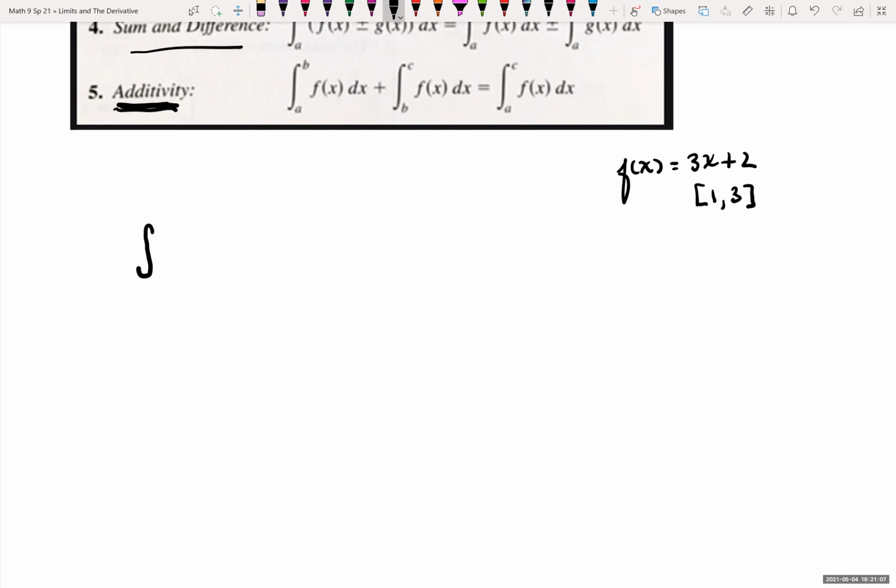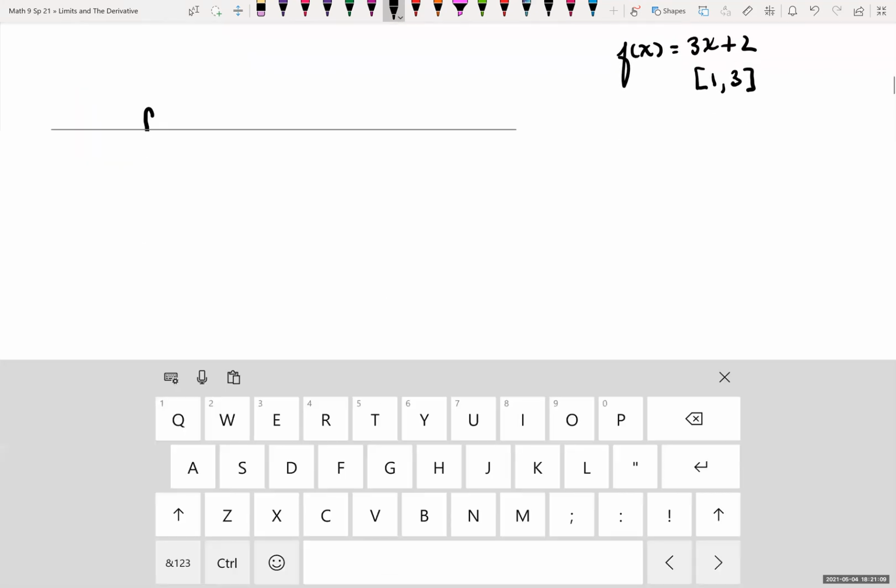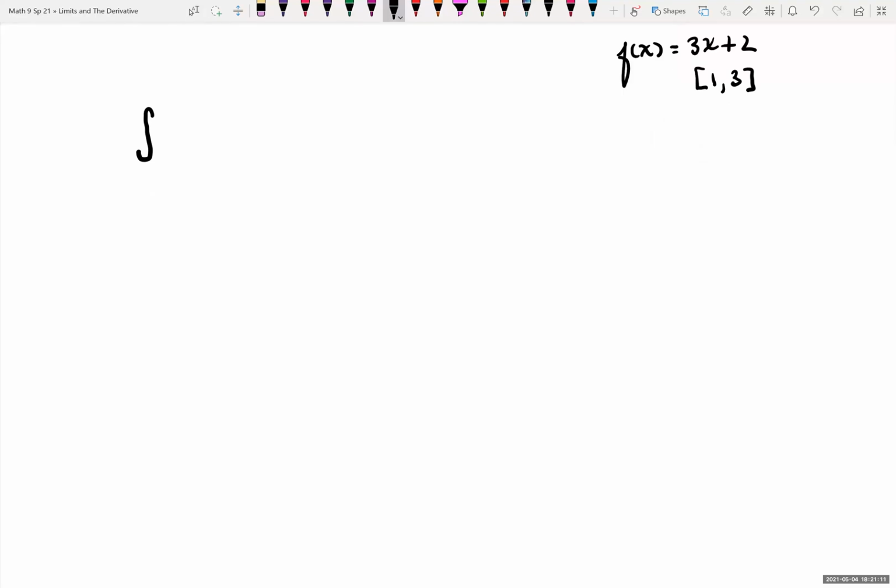So to write this as a definite integral, our lower bound goes on the bottom, 1 to 3. Our function here is 3x plus 2, and then we put dx.